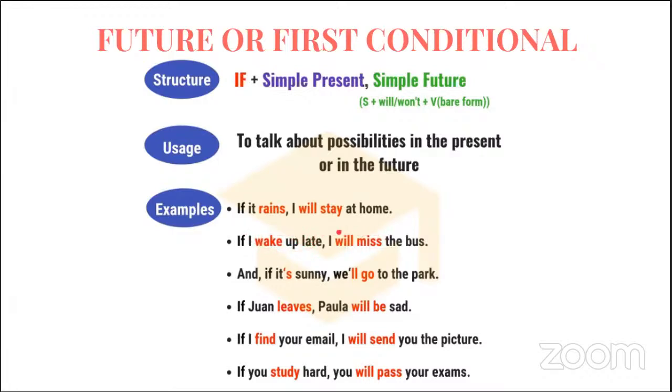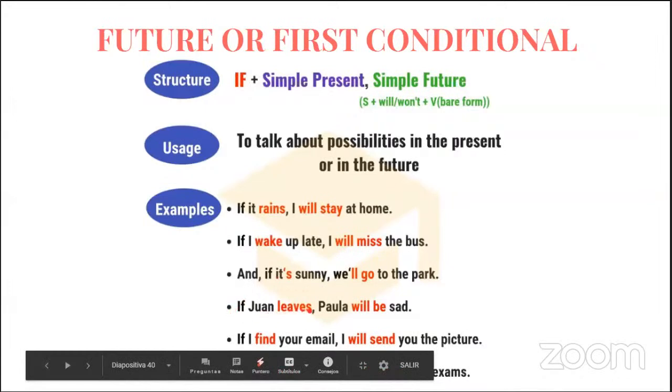And future simple, will miss. Here, the other example, if it's sunny, we'll go to the park. Here, what you see is the contraction with the subject and the auxiliary verb for future. And here, again, the simple present.